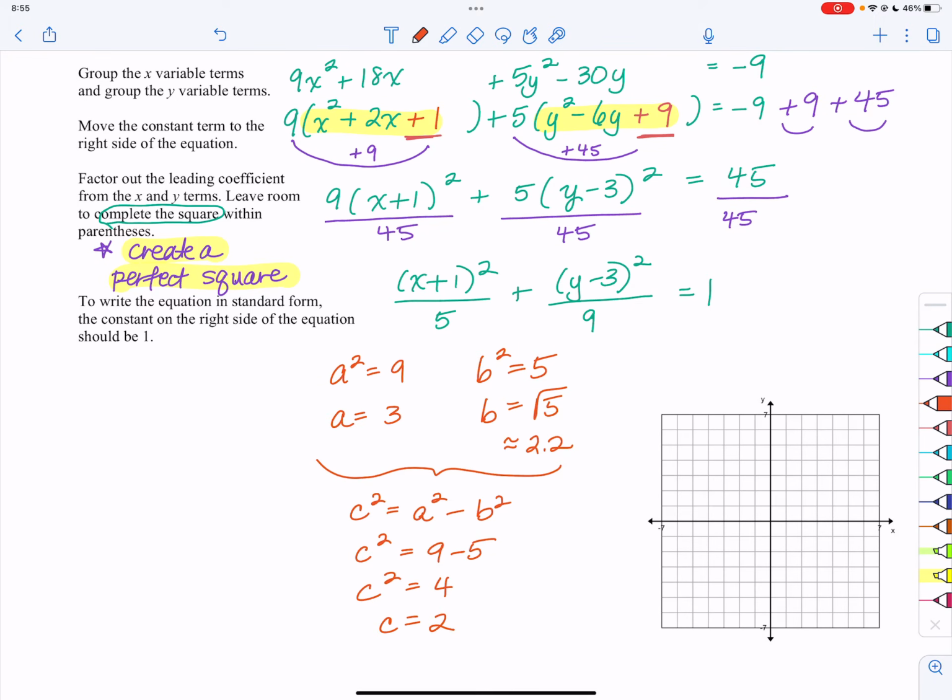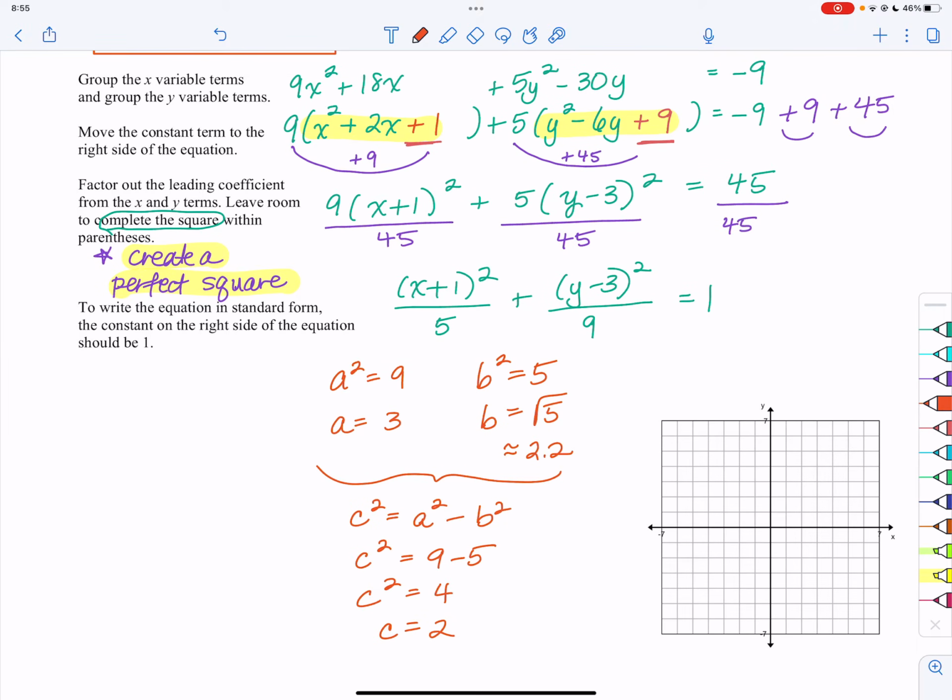Okay, so now let's talk about the center. The center of this ellipse is negative 1, 3. And we've already computed A, B, and C, so now we can go to the foci.